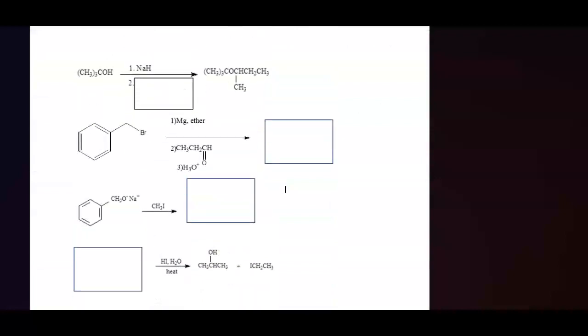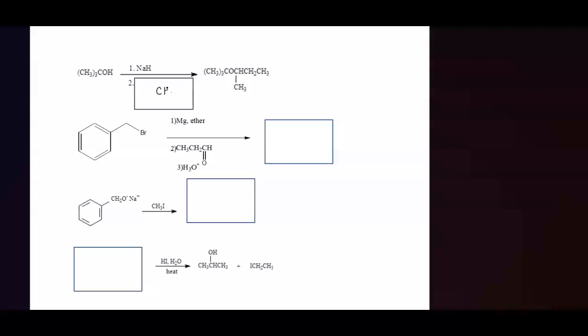All right. Let's look at the next problem. We again are continuing with filling up the blank boxes, and here the reaction is asking for one of the reagents. We have an alcohol, and sodium hydride will remove the proton, and we get an alkoxide. But to form the product, what kind of alkyl halide will you use?